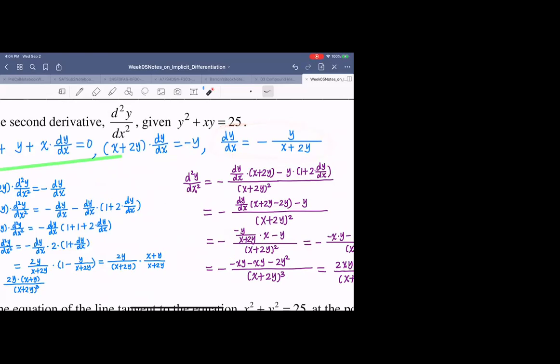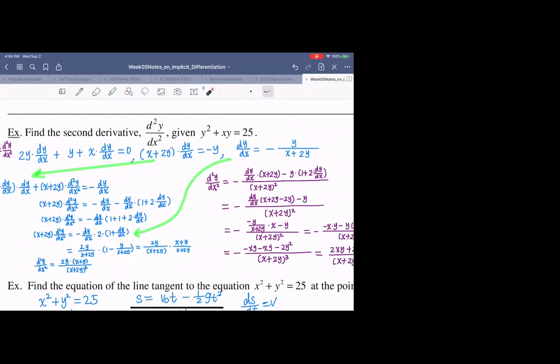I already have the dy over dx in my previous step. So now this is the time for me to plug dy over dx into here. So dy over dx is negative this term. I put negative, which is positive. So the thing I'm going to put is 2 times y divided by x plus 2y.